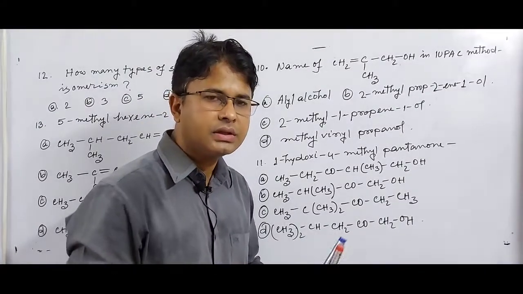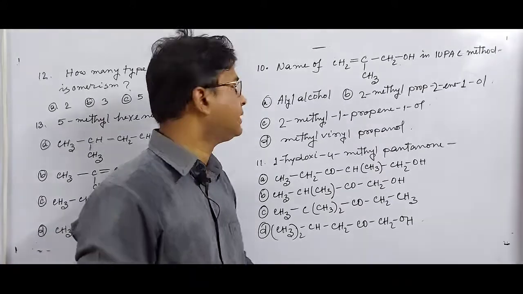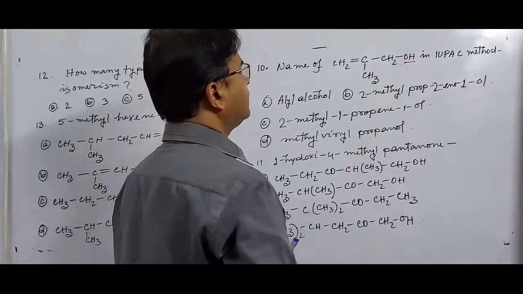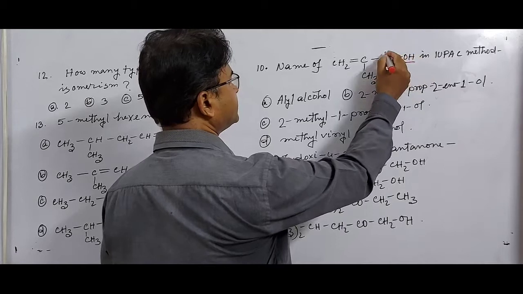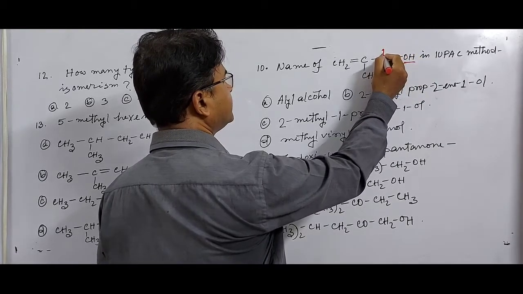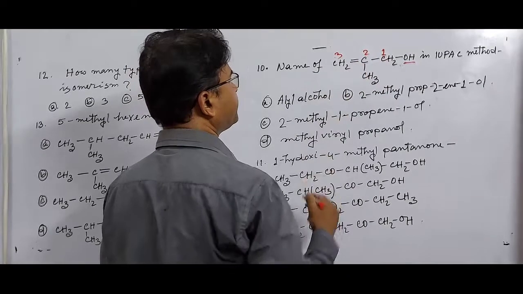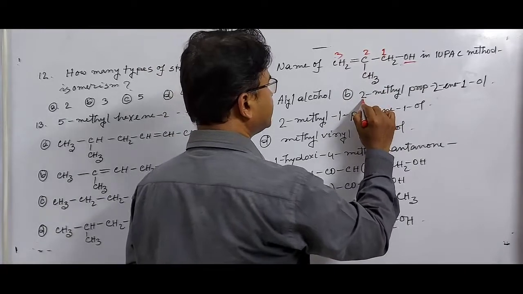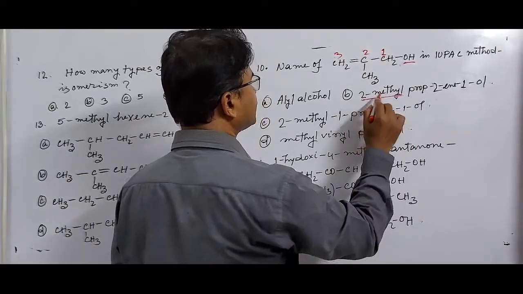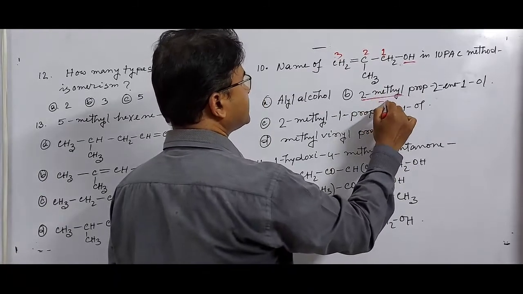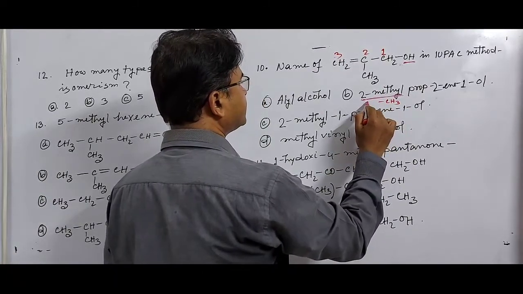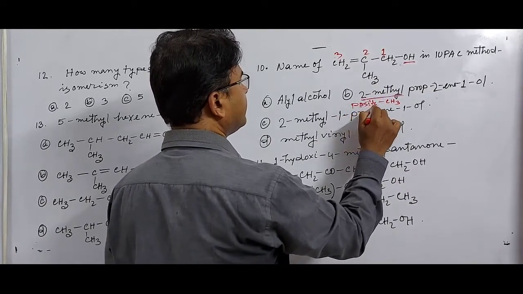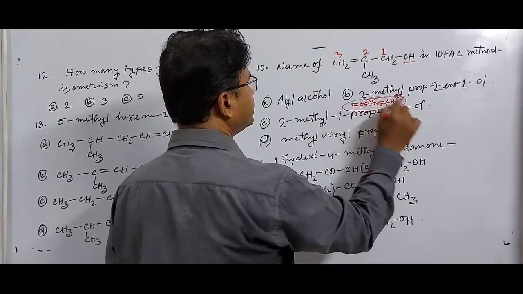Dear students, now look at question number 10. Here OH is the functional group. That's why you have to give priority to this carbon. So I have to count from this carbon, 1 to 3. In position number 2, this is 2-methyl. It is written 2-methyl because the position of the methyl group is at the second carbon.